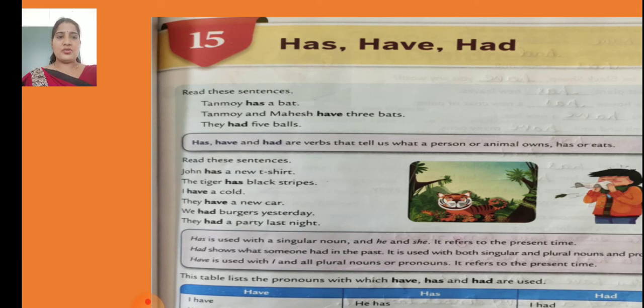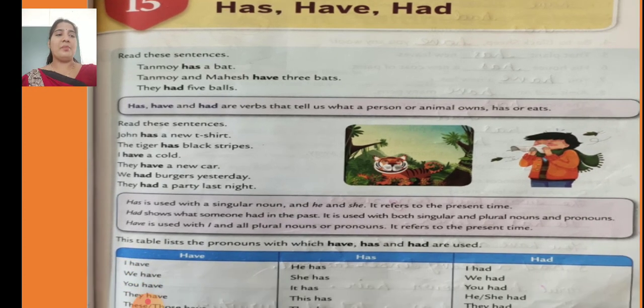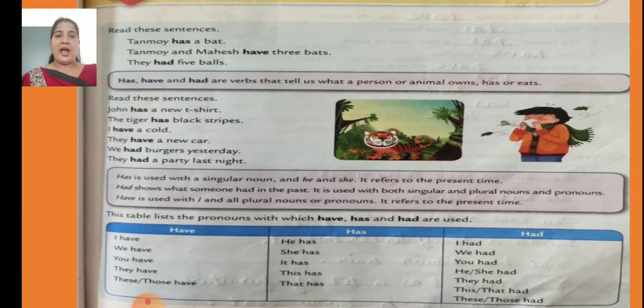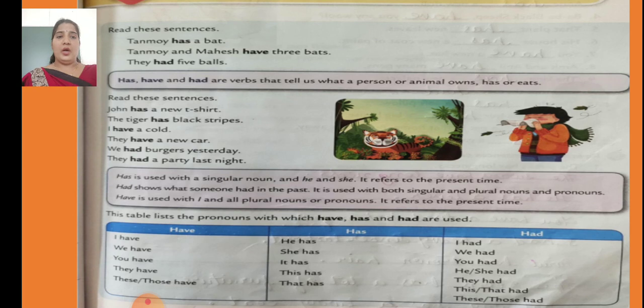So what do you have to keep in your mind? Has is used with a singular noun and he, she and it, and refers to the present time. When we are speaking in present time, we use has, but with a singular noun. When we are talking about had, it shows what someone had in the past. It is used with both singular and plural nouns and pronouns, children. Have is used with I and all plural nouns, children.